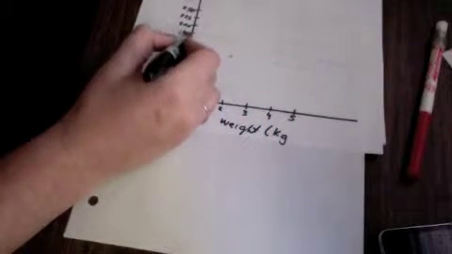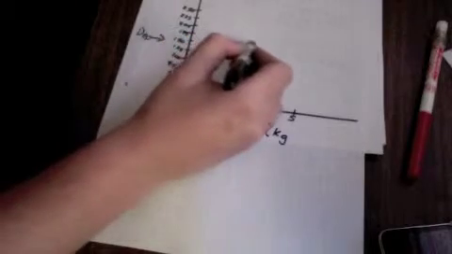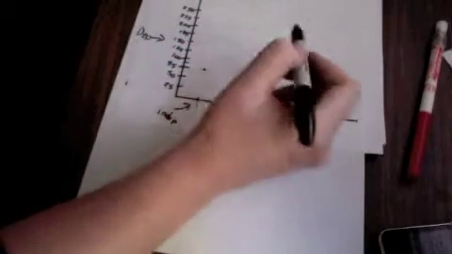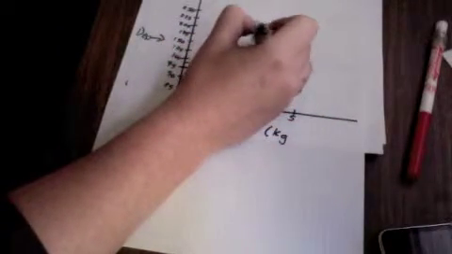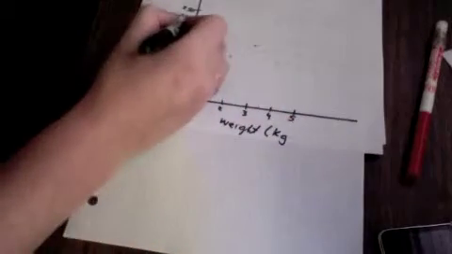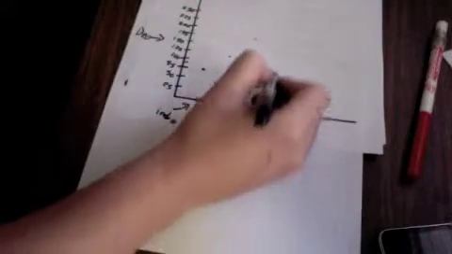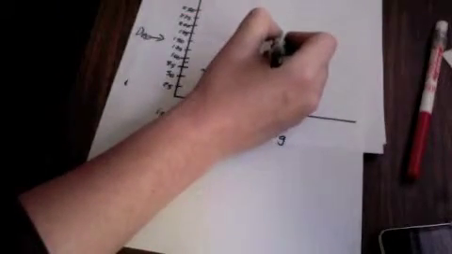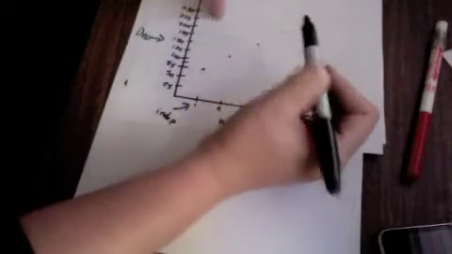So here's 175 and 150, so I'm going to go in between those two. Like there. 4 is 210, so it's going to be a little bit above 200. And I know that 5 is going to be bang on 225.